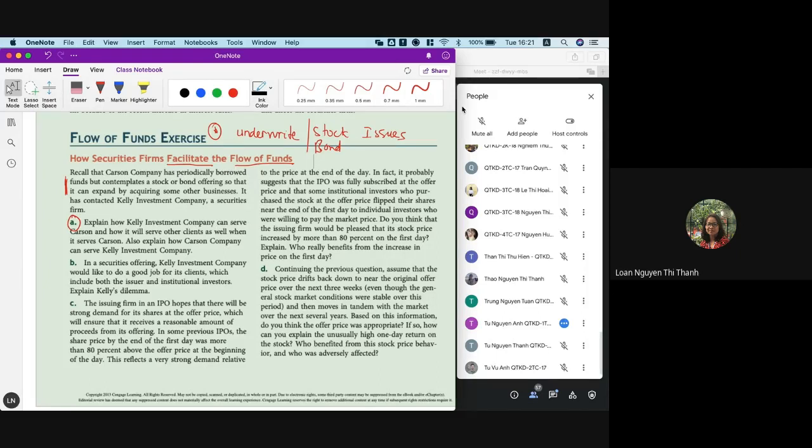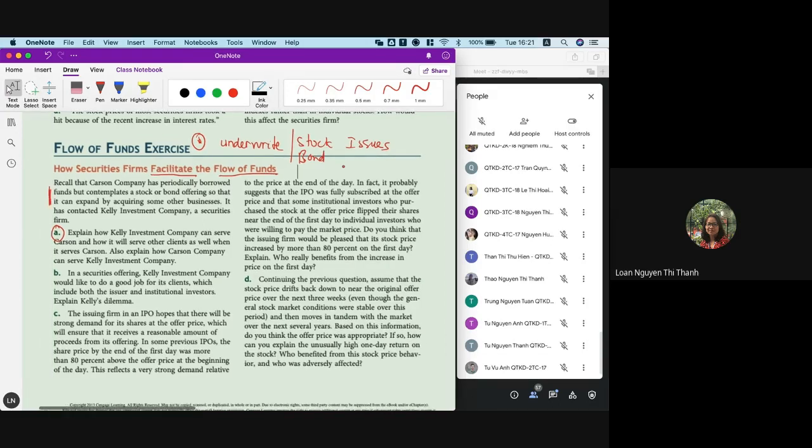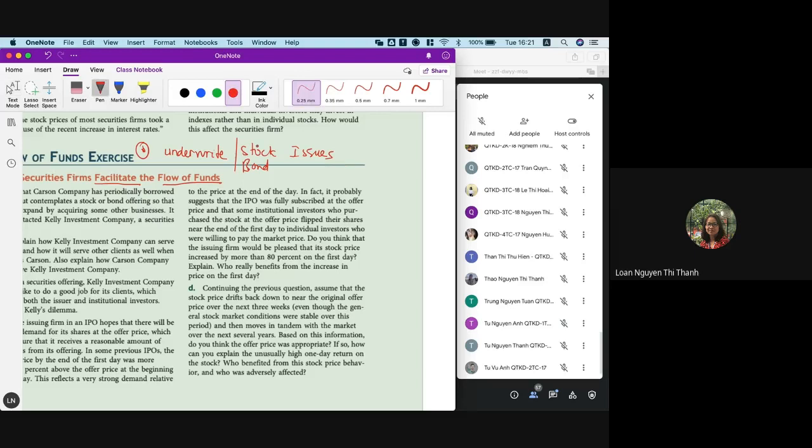Anh cần huy động vốn, tôi mua stock and bond, không phải. Tôi hỗ trợ anh, I support you, I assist you in raising fund, in issuing stock and bond from the start to the end. Okay? Clear with that, Vũ? Yes. I support you in obtaining fund. I will not give you the fund. Okay? So underwrite the stock and bond issue.